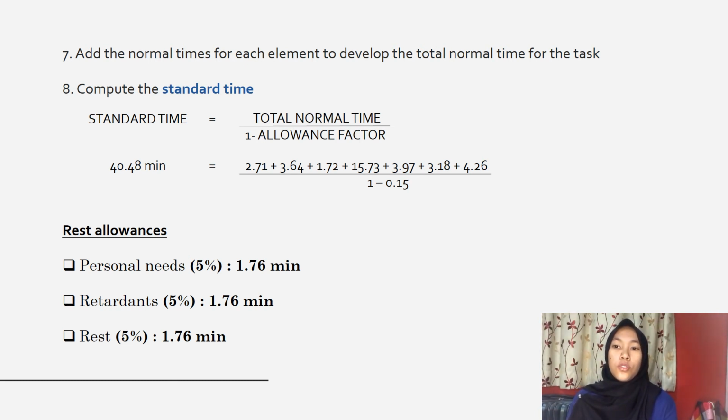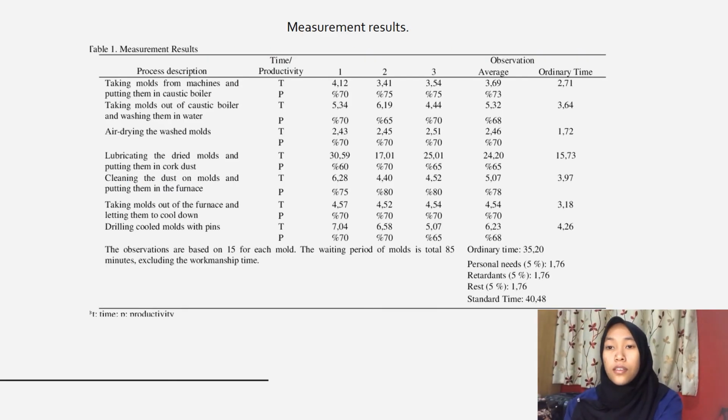So the standard time for the mold preparation process is 40.48 minutes after the total normal time is divided by 0.85. These are the measurement results and the complete information of the time taken for the elements of the mold preparation process.